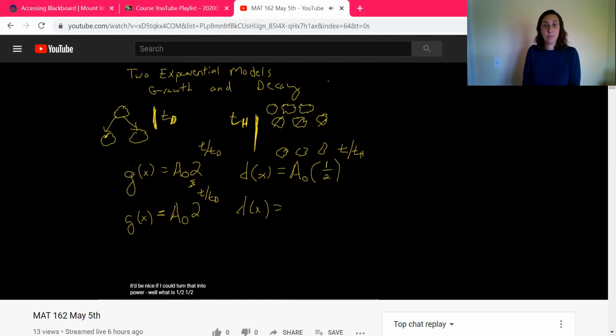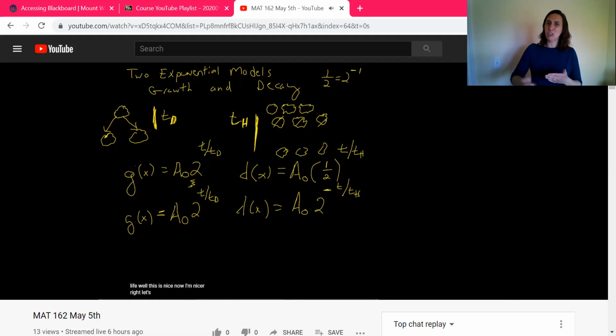Well, what is 1/2? 1/2 is 2 to the negative 1. So I could say this is A times 2 to the negative t divided by half-life. Well, this is nice now.